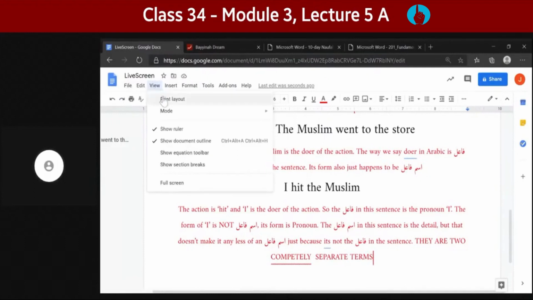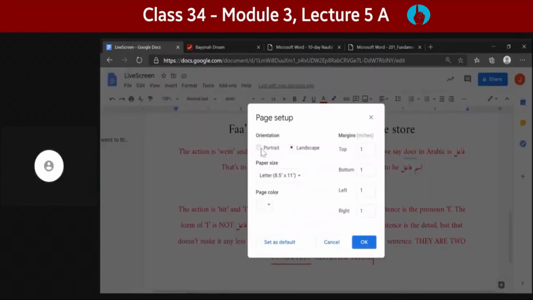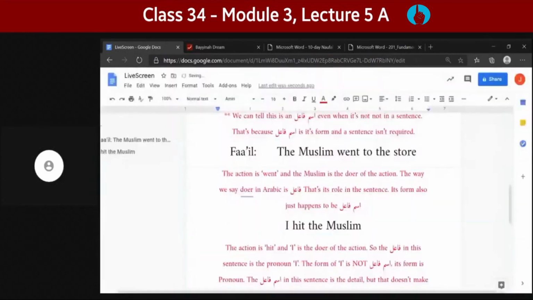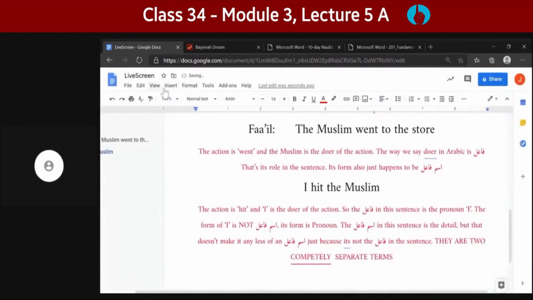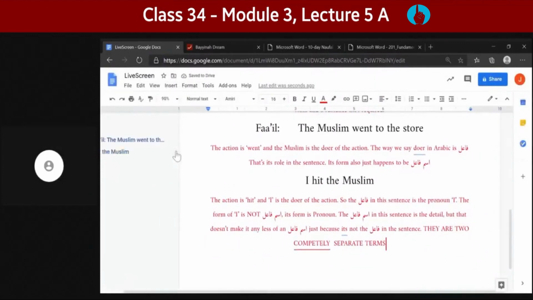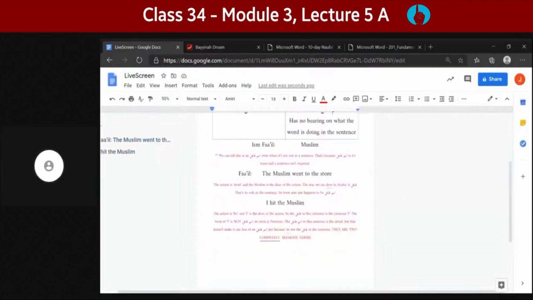Let me flip my page. That didn't do anything. Okay, I want to fit everything, but it might be too small.